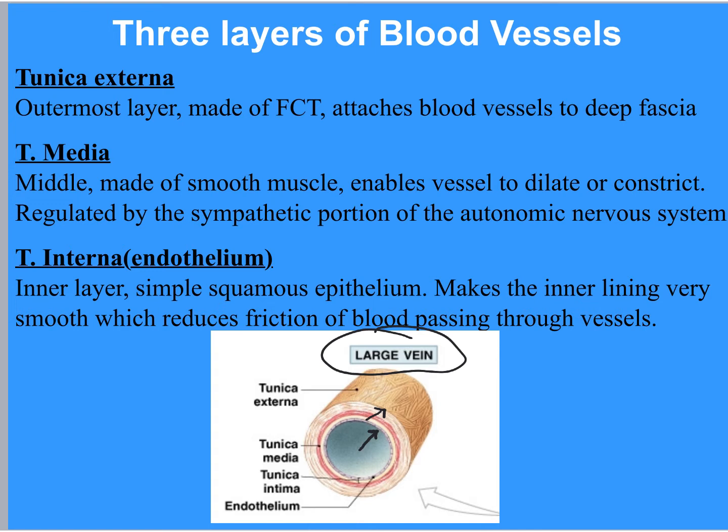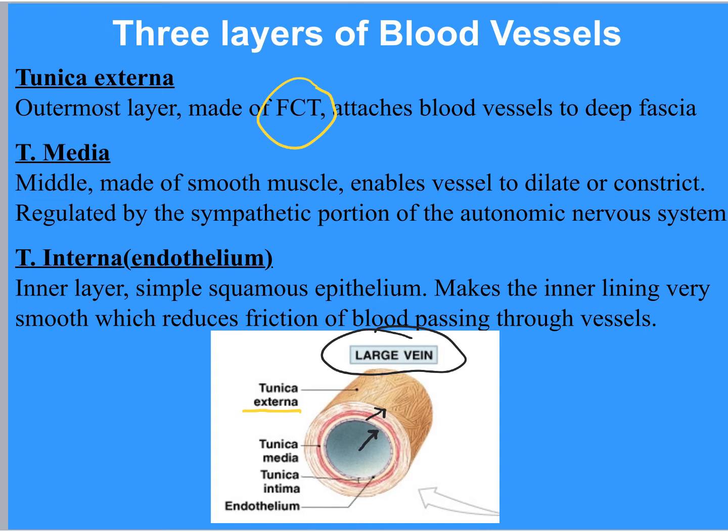The outermost layer in both arteries and veins is called the Tunica Externa. And that's mostly made of what we call fibrous connective tissue, or you could just say dense connective tissue. It's kind of a strange one in that it's not quite areolar connective tissue, but it's not quite dense irregular. So we just use this blanket term and we call it fibrous connective tissue.